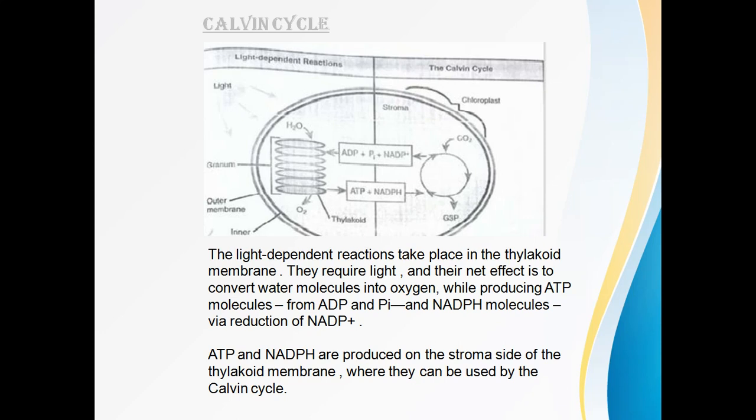Different chemical reactions will take place in the different parts of the chloroplast. The reactions taking place are shown here in the diagram. The Calvin cycle here will take place in the stroma.